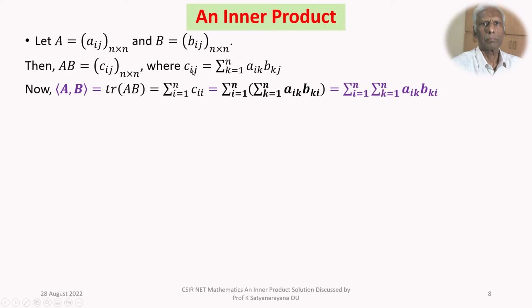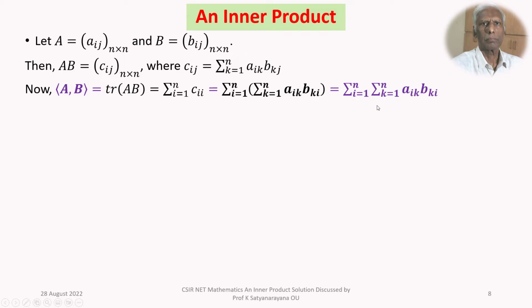Therefore, Cii will be, wherever there is j, you write i again. So, you will get sigma sigma k equal to 1 to n Aik into Bki. So you got this one. Now sigma i equal to 1 to n, sigma k equal to 1 to n Aik Bki, we can write because these are finite summations.